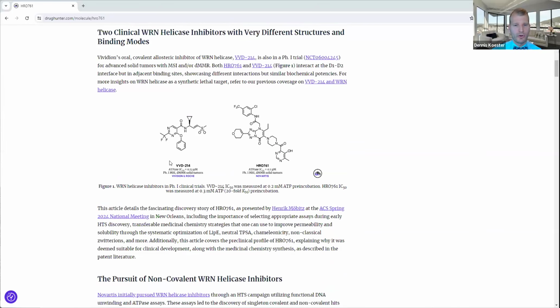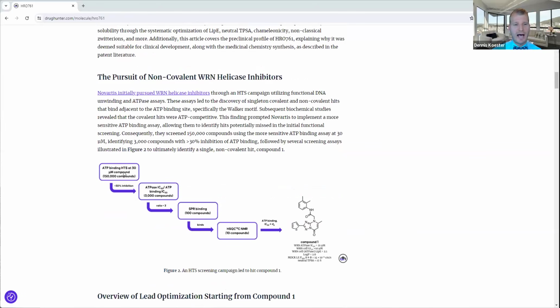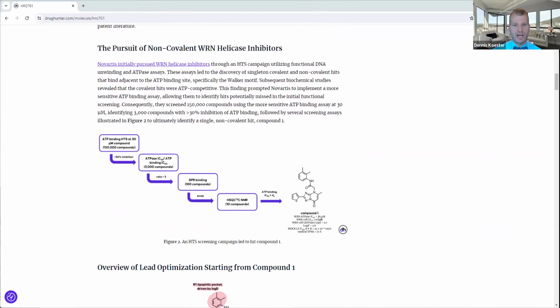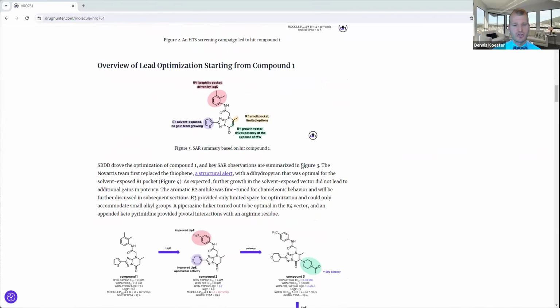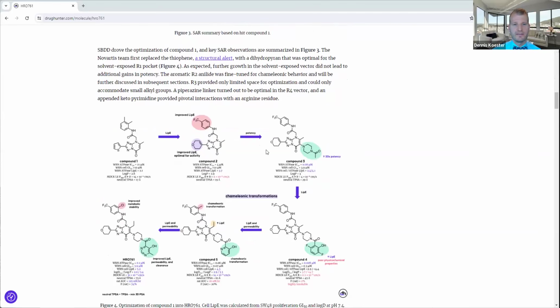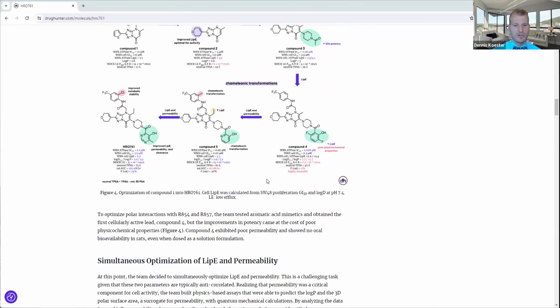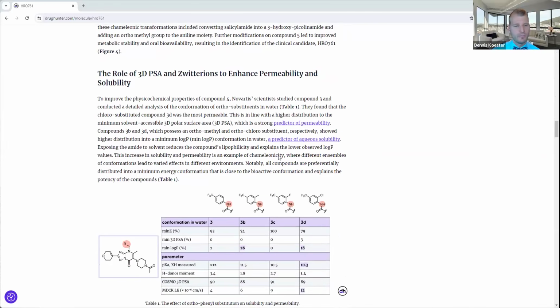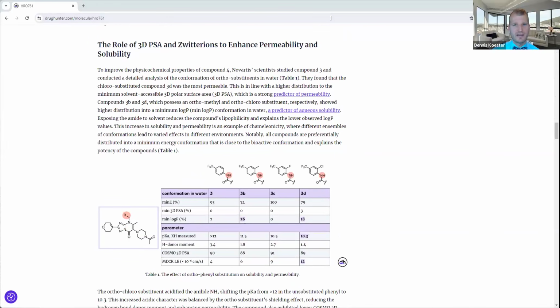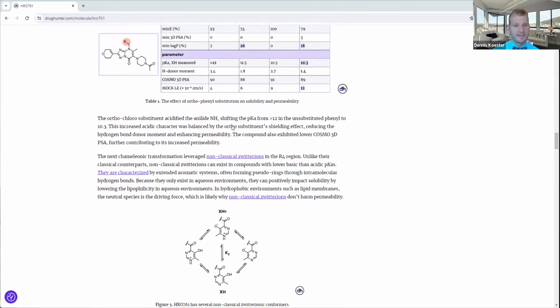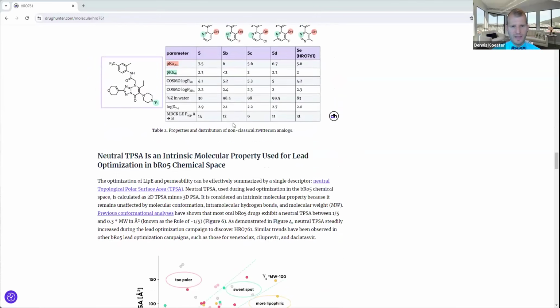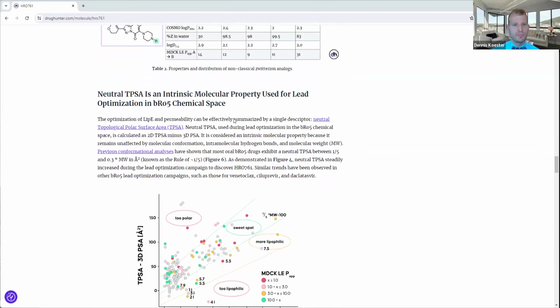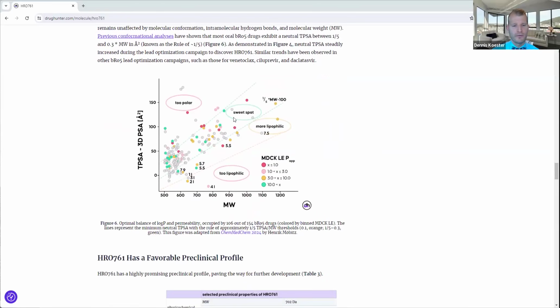We're showing you here what the competitive landscape is, what other Werner helicase inhibitors there are, how this particular one was discovered, how it led to the hit initially, what was done here in the lead optimization phase, what the challenges were that were faced and really nicely solved, and then some really beautiful concepts that Henrik's team has worked out here with non-classical zwitterions, as well as the introduction of the neutral TPSA that we'll be hearing more of today.